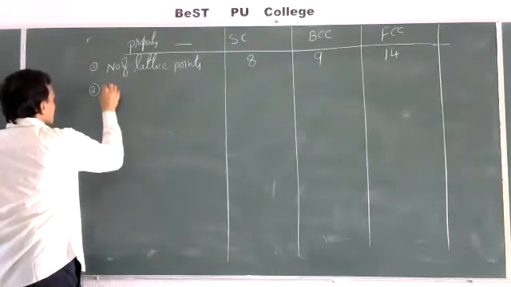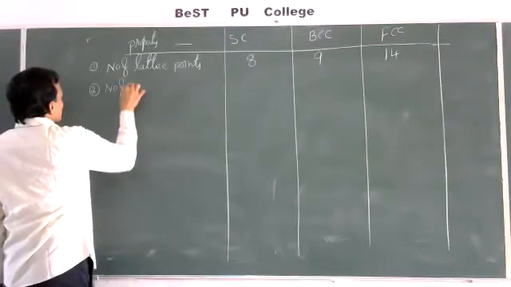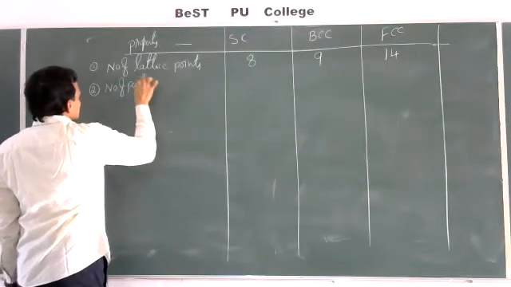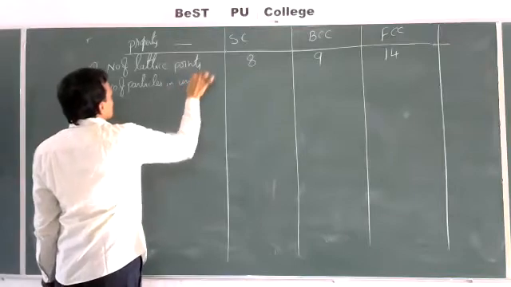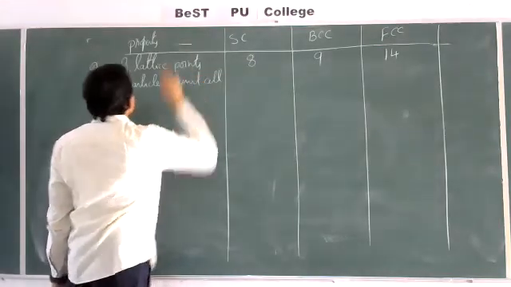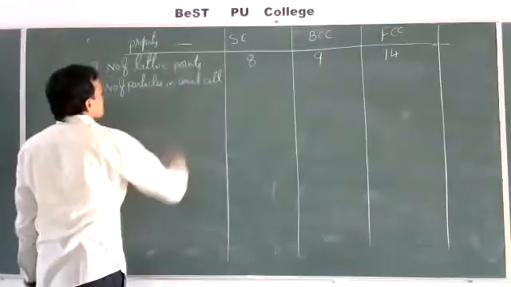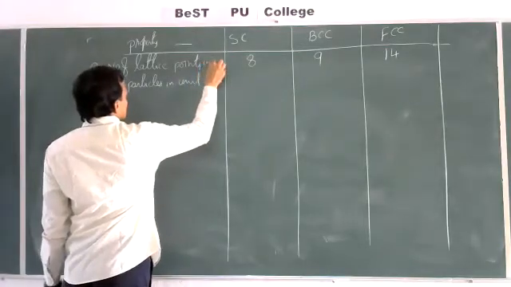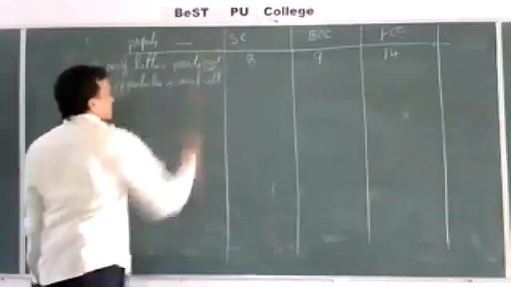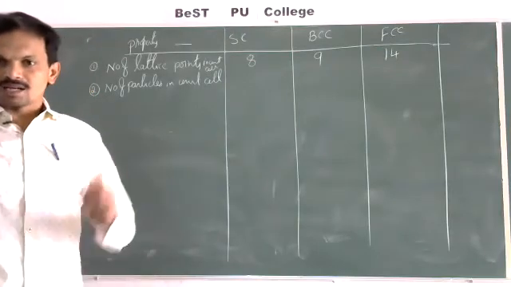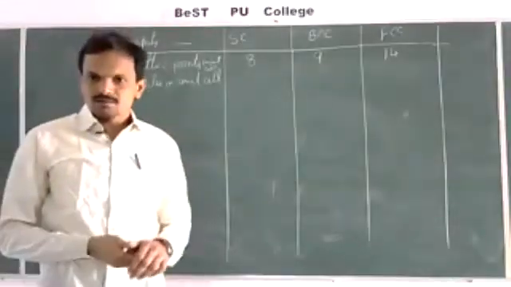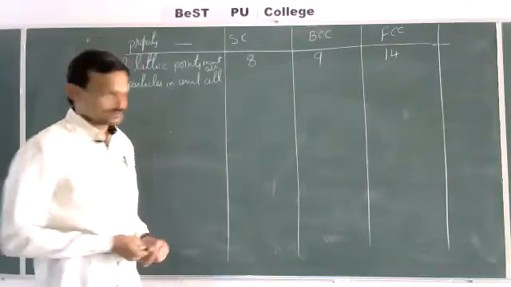Second one, number of particles in unit cell. Then what is the number of particles present in unit cell? That means, what is the contribution of the particles of these systems?